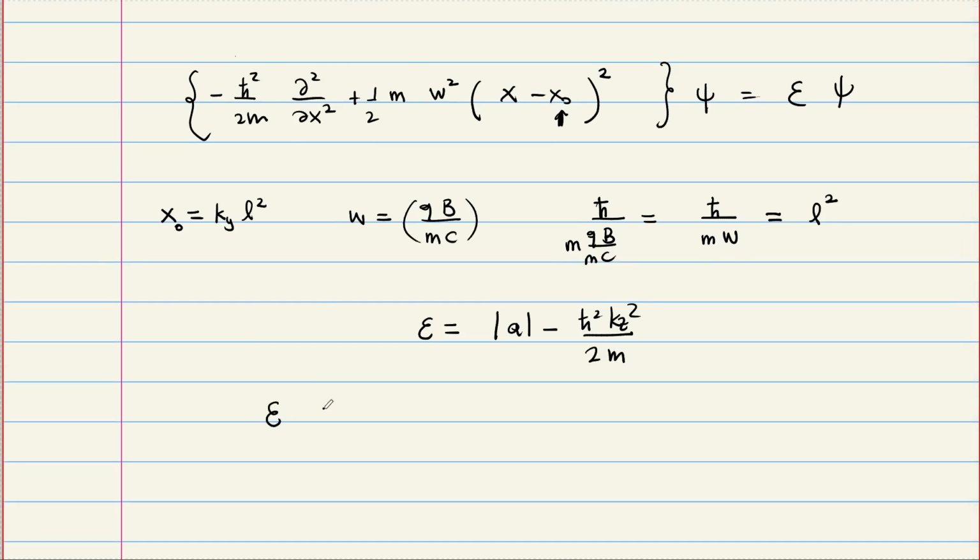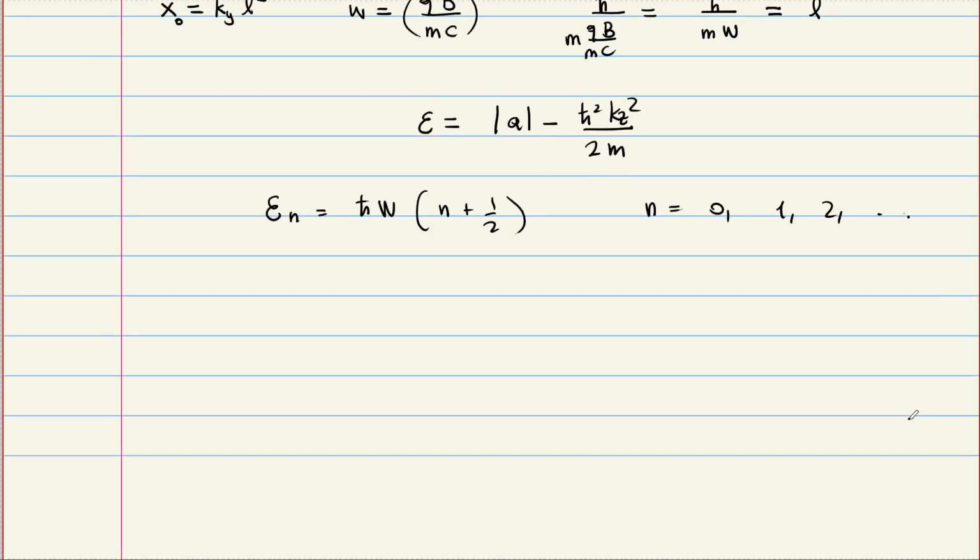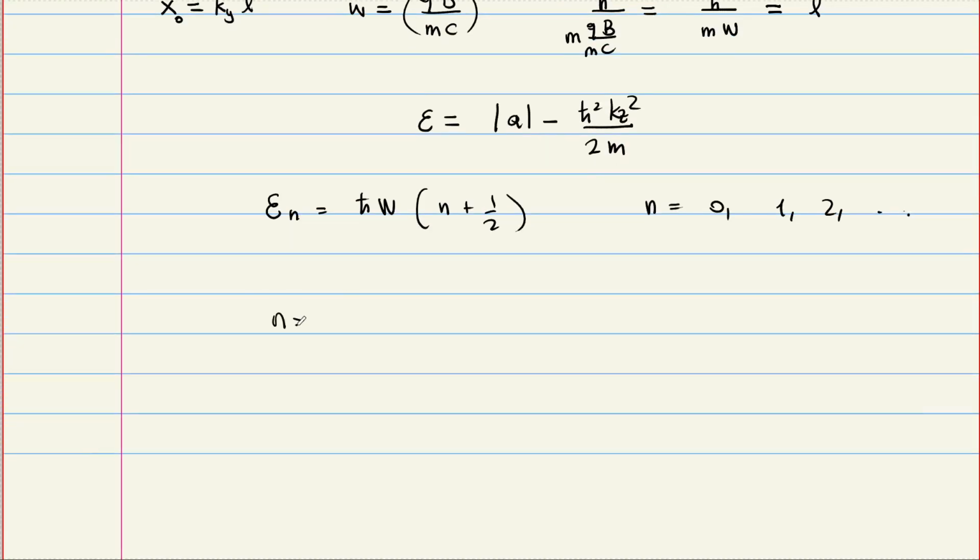Energies are quantized, h bar omega times n plus a half, with n equal to 0, 1, 2, and so on. The ground state, n equal to 0, has the corresponding wave function psi of x proportional to e to the minus a half L squared x minus x naught squared.